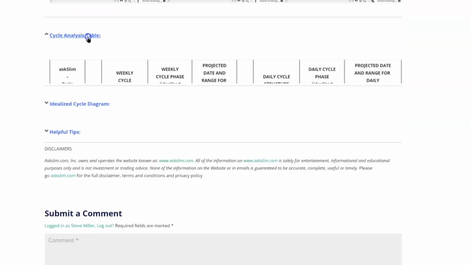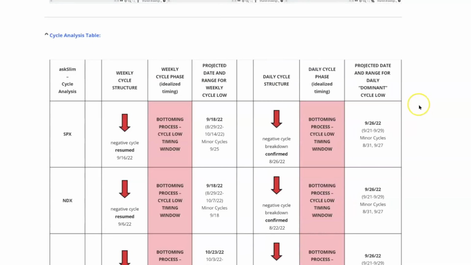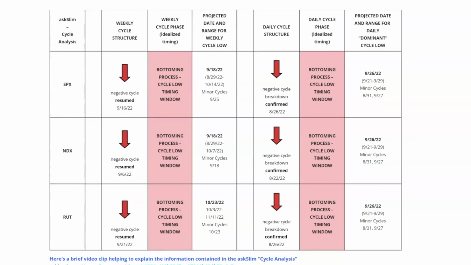Here is the cycle analysis table, and this gives you all of the information about the weekly cycle patterns, the phasing that we're in, what the ideal timing is, where the bottom timings are projected, giving you both the weekly and the daily structure.